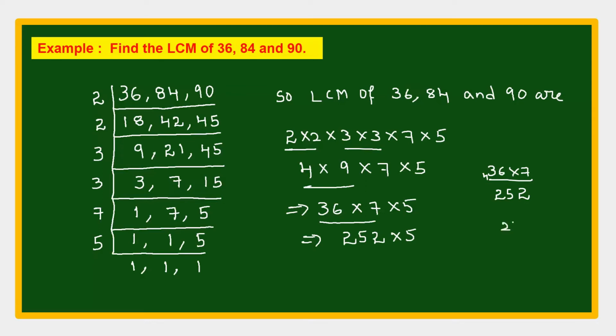Again 252 into 5. 5 2s are 10, 0 carry 1. 5 5s are 25 plus 1 is 26, into here 5 2s are 10, 10 plus 2 is 12. 1260. So LCM equal to 1260.